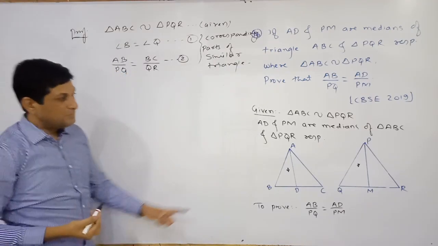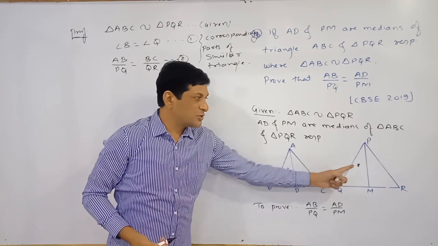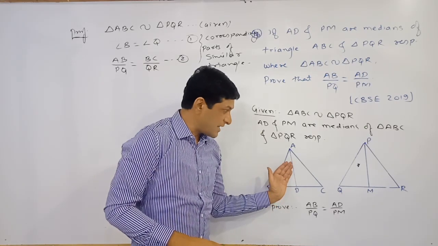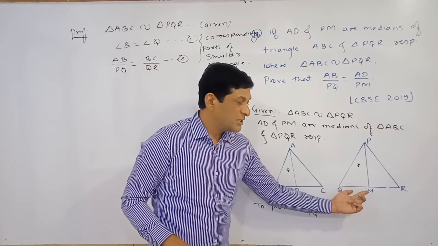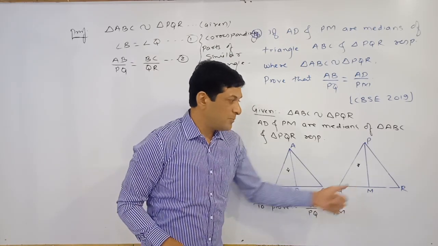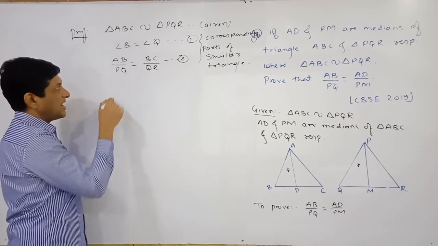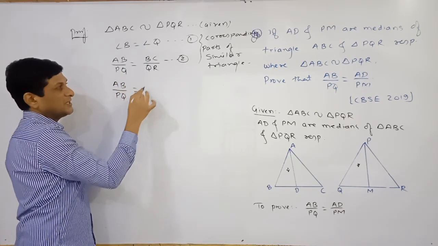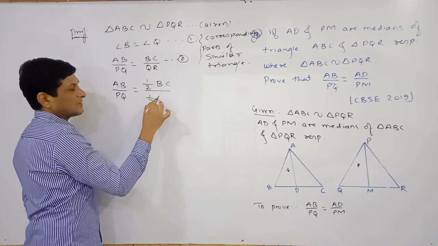Now AB and PQ are the sides of these two triangles also, but we have to show that these two triangles are similar. So here the corresponding side of BD is QM. So to get BD upon QM, we are multiplying the numerator and denominator by half. Let us see what we'll get.